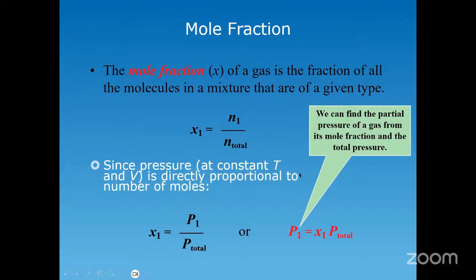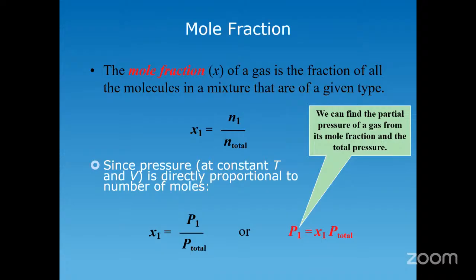Another thing I should mention here is that if you're given the pressure values of the gases in the mixture, then you can use the pressure values to determine the mole fraction based on this equation right here, right? Where the mole fraction is equal to the pressure of that particular gas, right? Divided by the sum of the pressures of all the gases in the mixture, right?